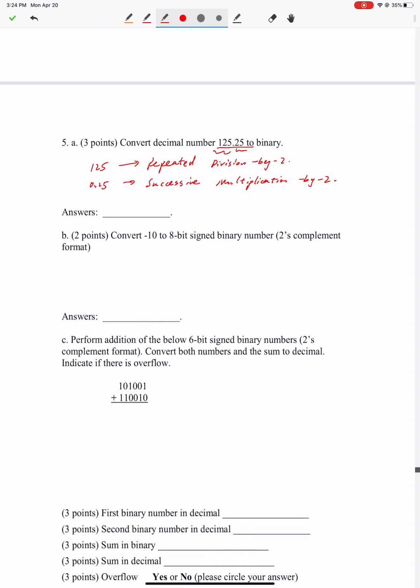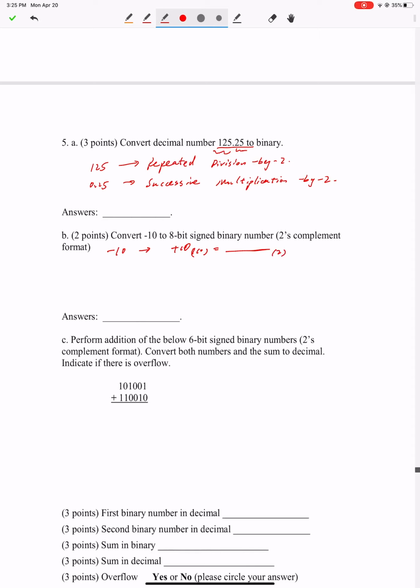And the second question, B, convert minus 10 to 8-bit signed binary number using 2's complement format. So to find minus 10, a negative decimal number in binary form, you first need to find what's the positive 10 in binary form.